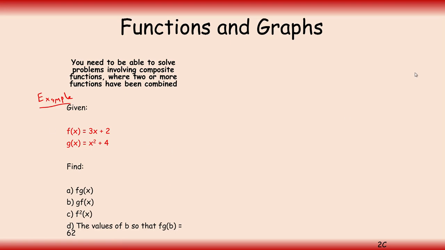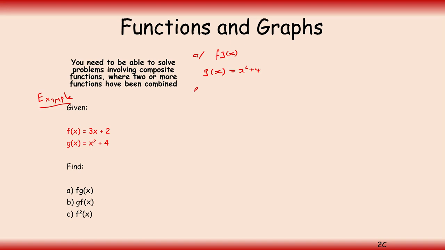So we start with A. For A, we've got to find f of g of x. Now g of x is given by x squared add 4.